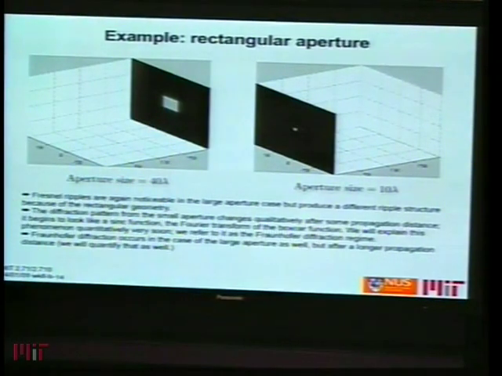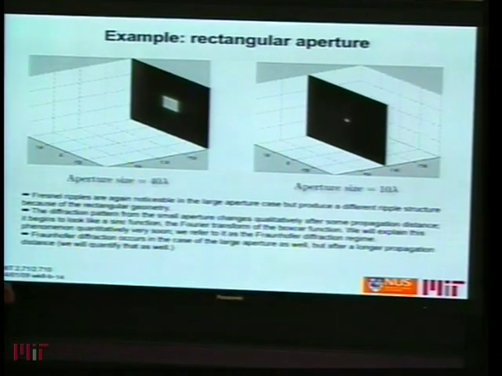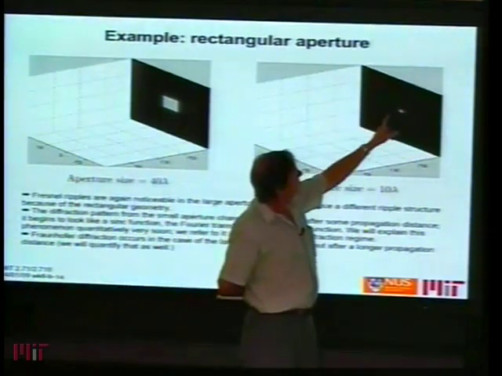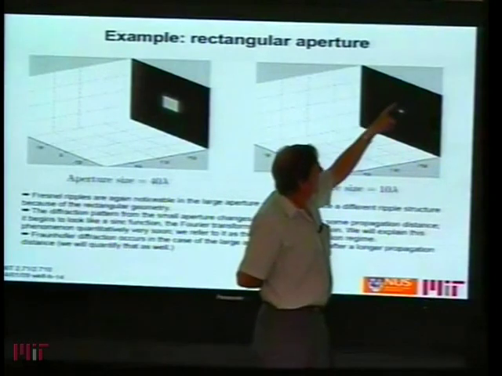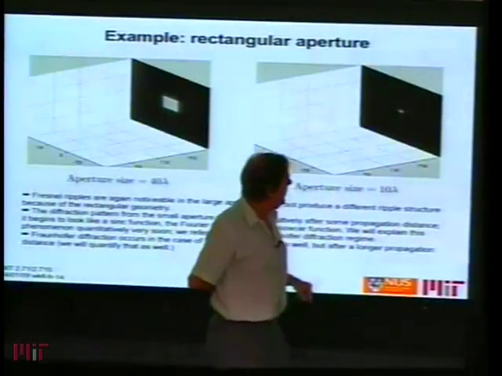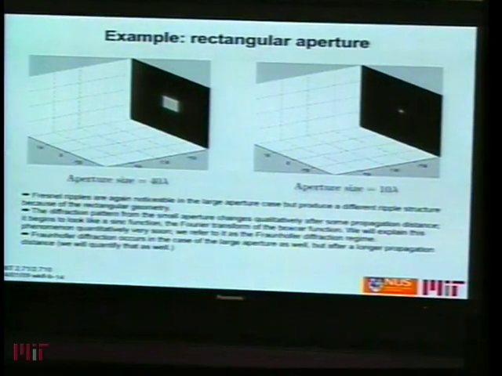And then if we look at the small square, again, it's changing more quickly, and you'll notice that by then we've got quite strong streaking along these two axes here. In fact, this final pattern there is the diffraction pattern of the square aperture.